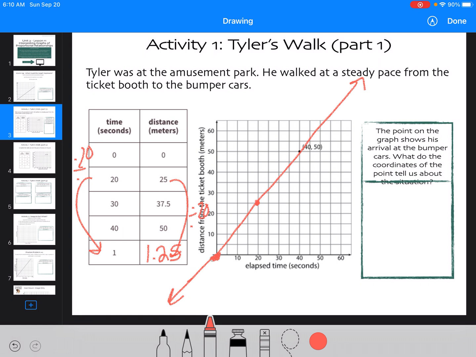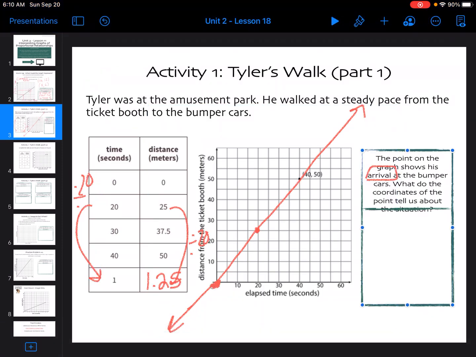Well, I know, so he's arrived, so that means, I'll type it to make it easier to read.